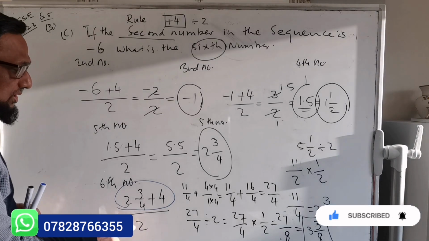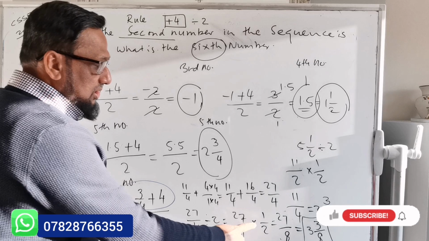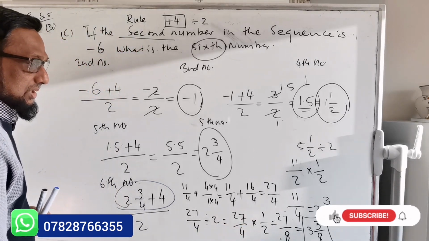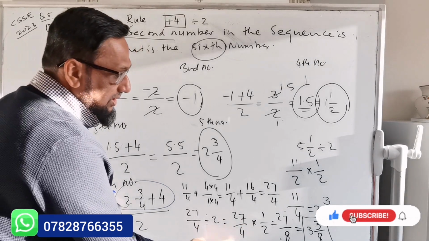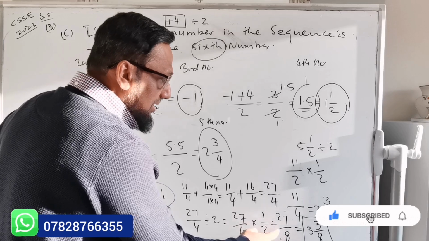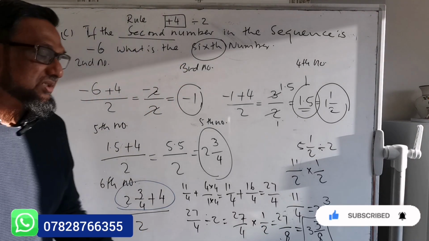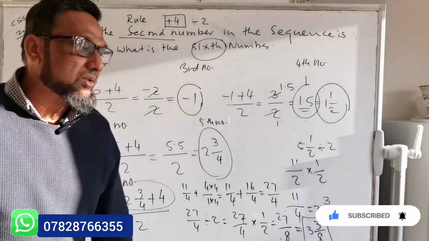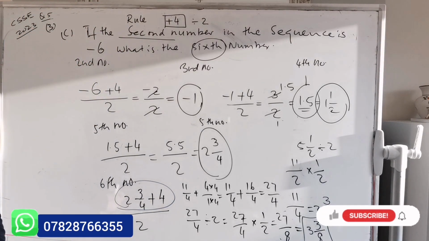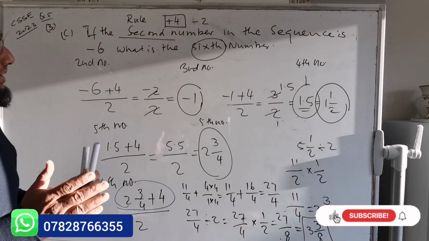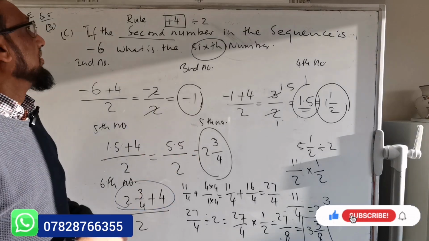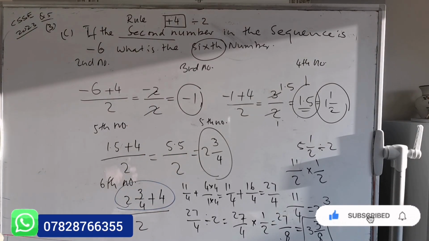Then you need to divide by 2. Change the sign into times and flip the fraction, and 4 times 2 is 8, so 27 over 8. If you convert to a mixed number, the answer is 3 and 3 over 8. So this is part C of question number 5, 2023.